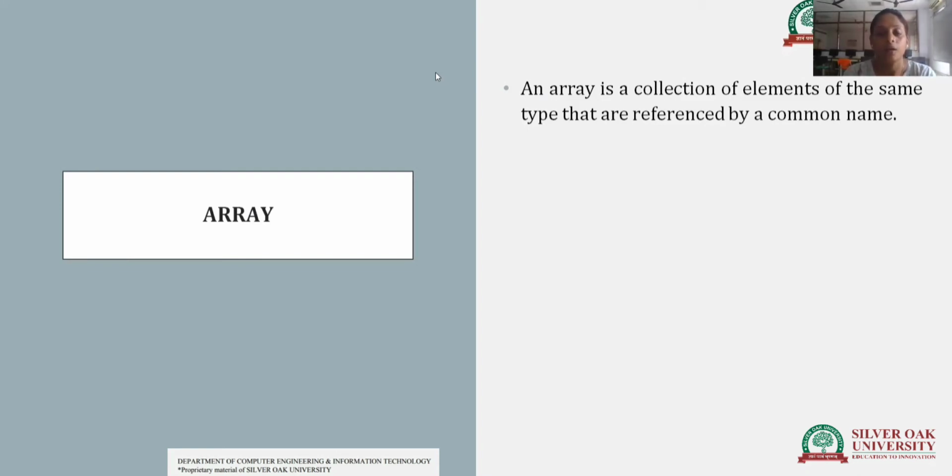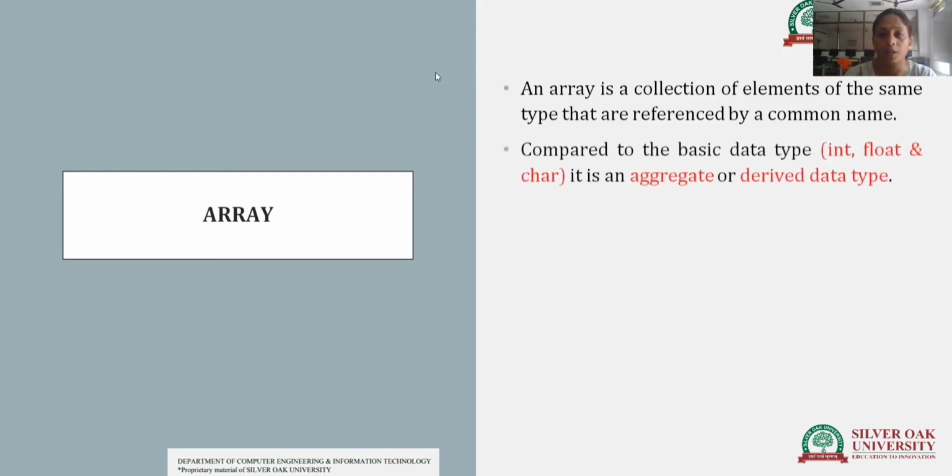But then you require so many different variable declarations and value assignments. Instead of doing that, we have this concept, so you can store more than one element in an array. An array is a collection of elements of the same type that are referenced by a common name.